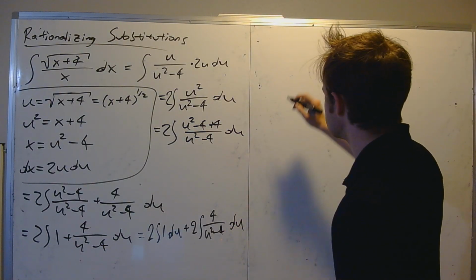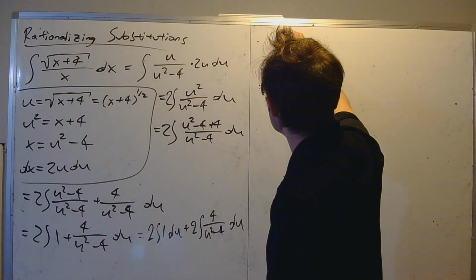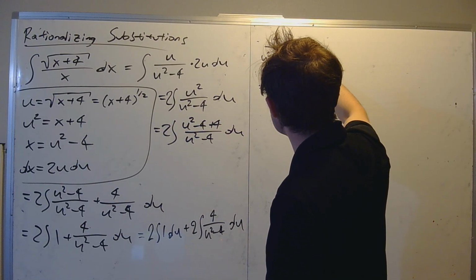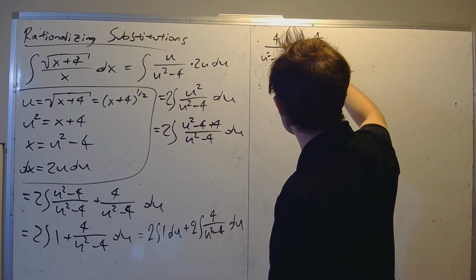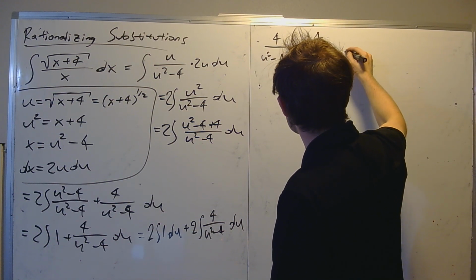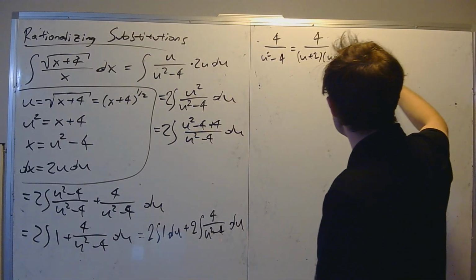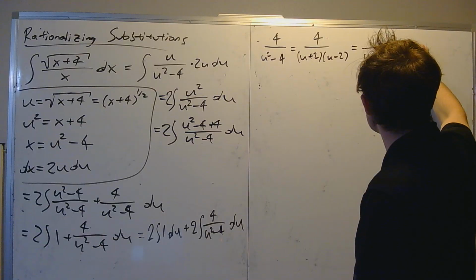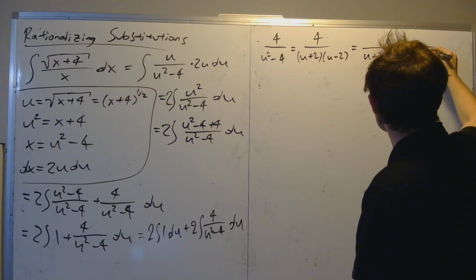So if we use partial fractions here, then we know that 4 over u squared minus 4 is the same thing as 4 over u plus 2 times u minus 2, which is going to be something over u plus 2 plus something over u minus 2.